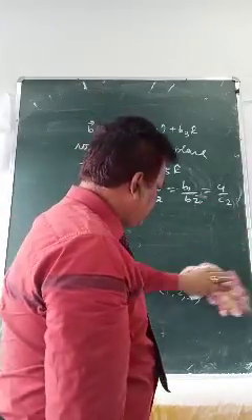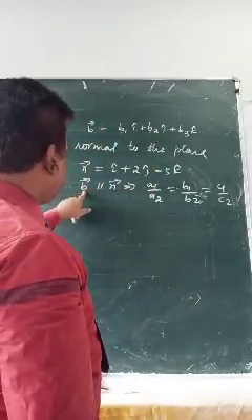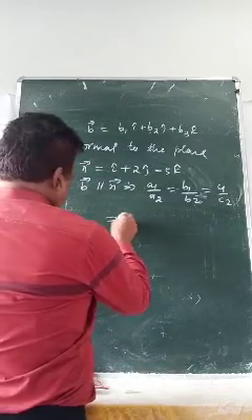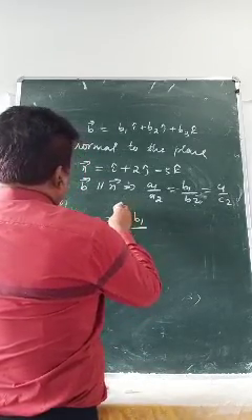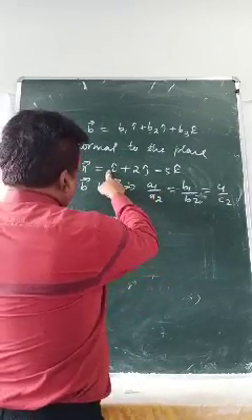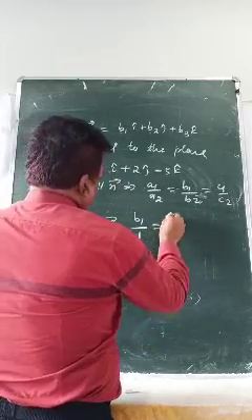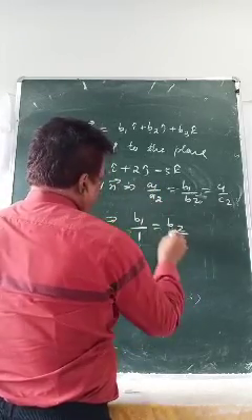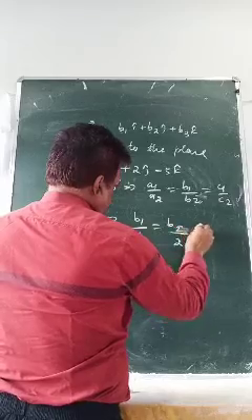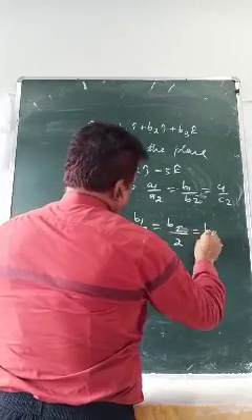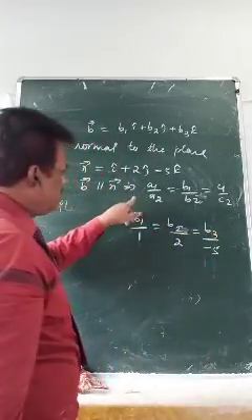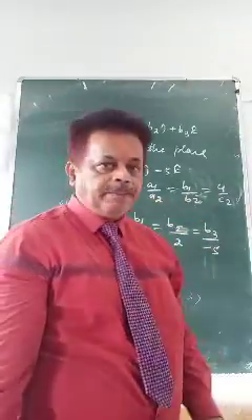It means only the coefficients you have to take. What is the coefficient of the b line? b1 by 1, b2 by 2, b3 by minus 5, because when they are parallel, this is the relation.